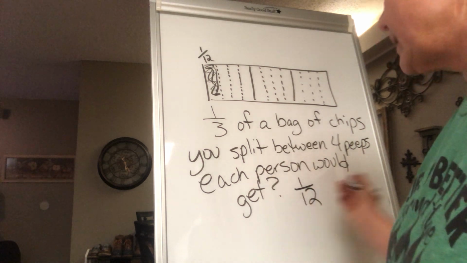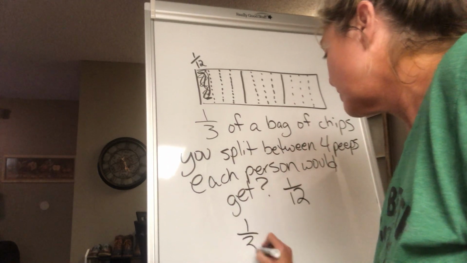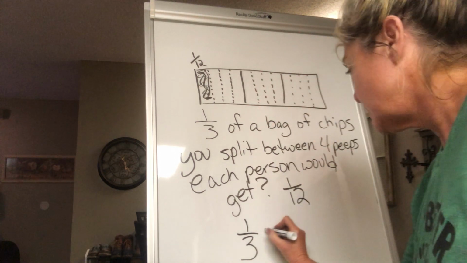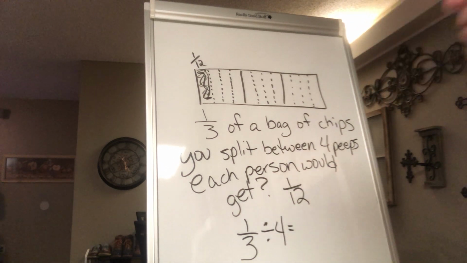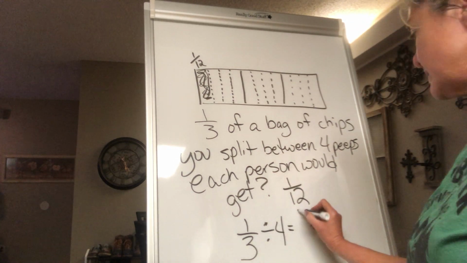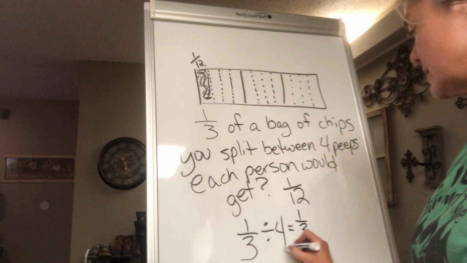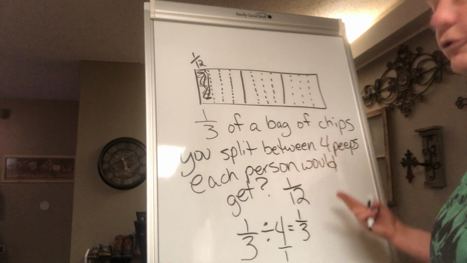We would have, if they asked for an expression, 1/3 of your bag of chips that has to be divided by 4 people. So we would slide that 1/3 on over. 4 is the same as 4/1, which we know when we're dividing fractions, you flip.